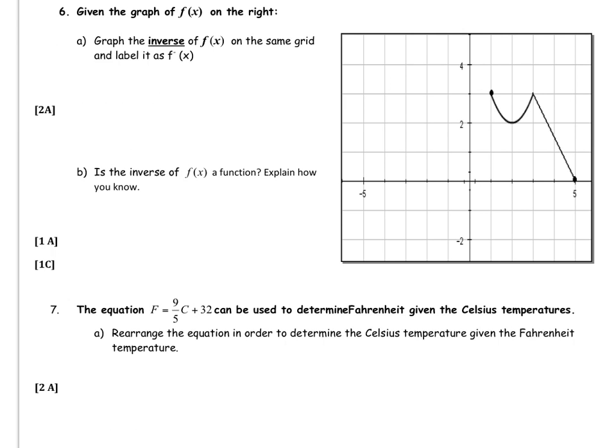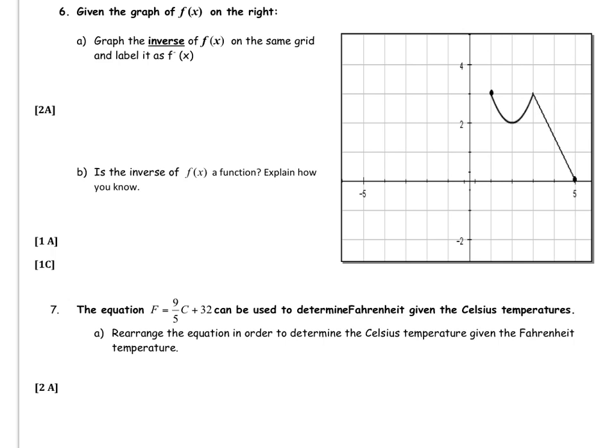The next problem is that f(x) is given as the graph on the right here. We are supposed to graph the inverse. So the way we do it, we use the property of the inverse function, which is the same as f(x), but the coordinates of x and y are interchanged.